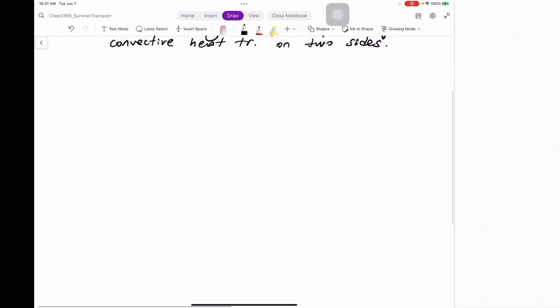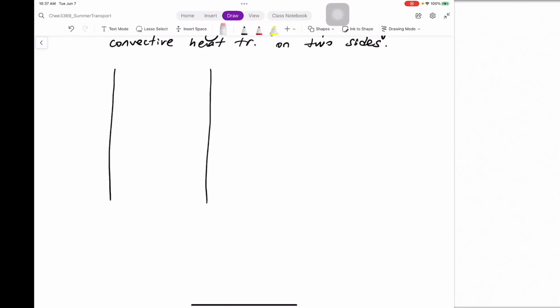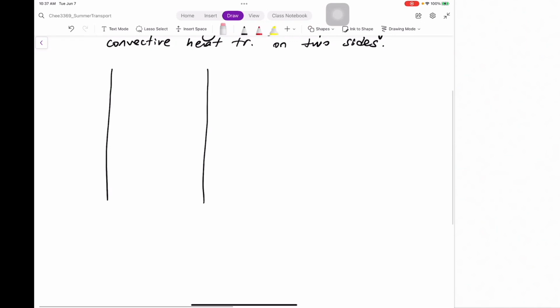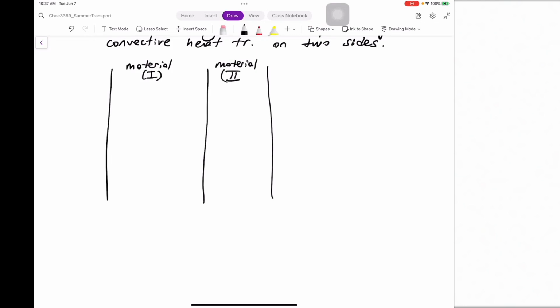Okay, so our system is going to look as follows. You have basically two materials. Let's call this material 1. Let's call this material 2.